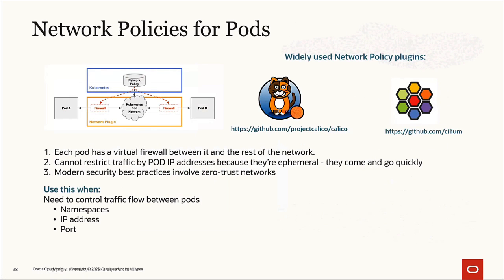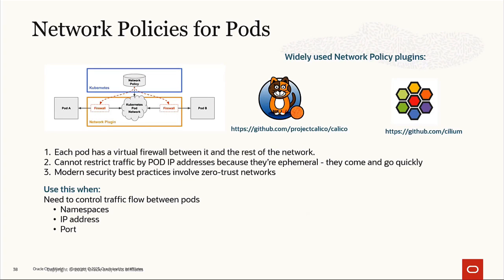We mentioned earlier security lists and security groups. These are primarily used to control traffic between OCI resources, or resources outside of OCI talking to your worker nodes.